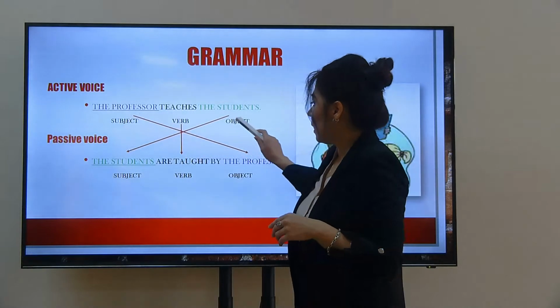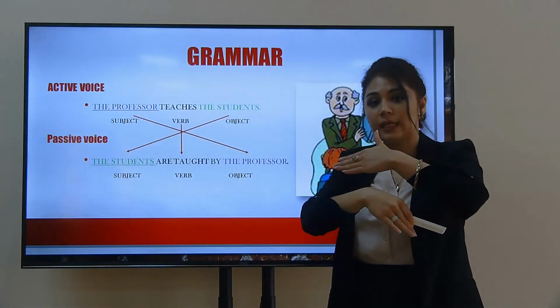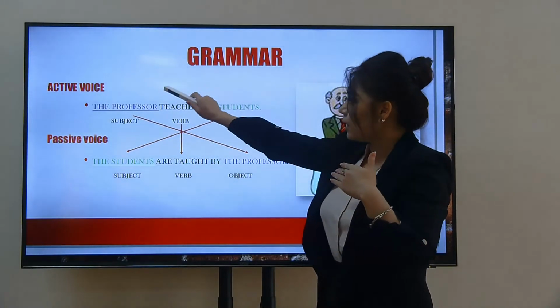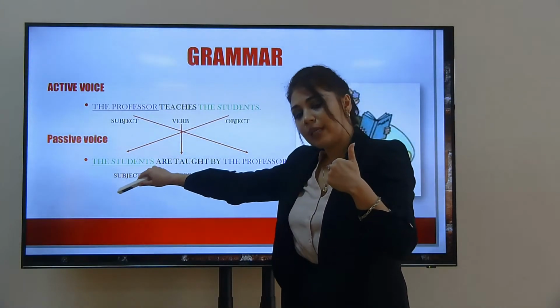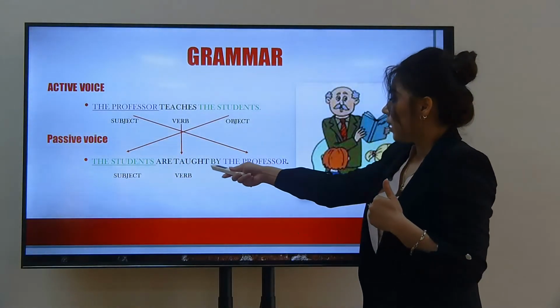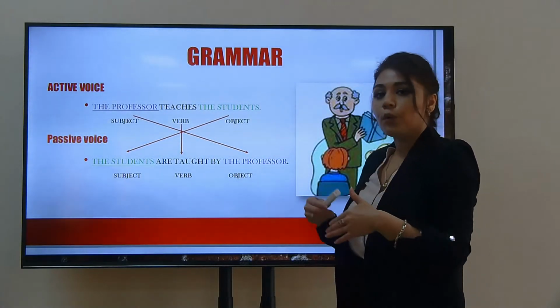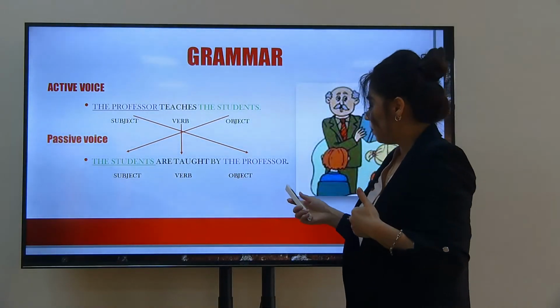The subject and the object of active voice change their places in passive voice. The object of the active voice stands as the subject in the passive voice. If you want to add the person, you should use by.